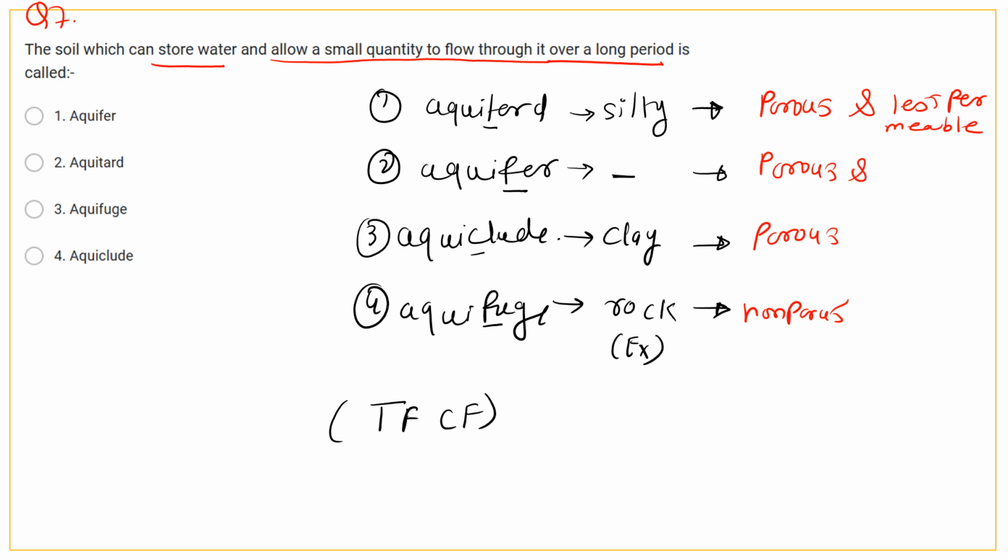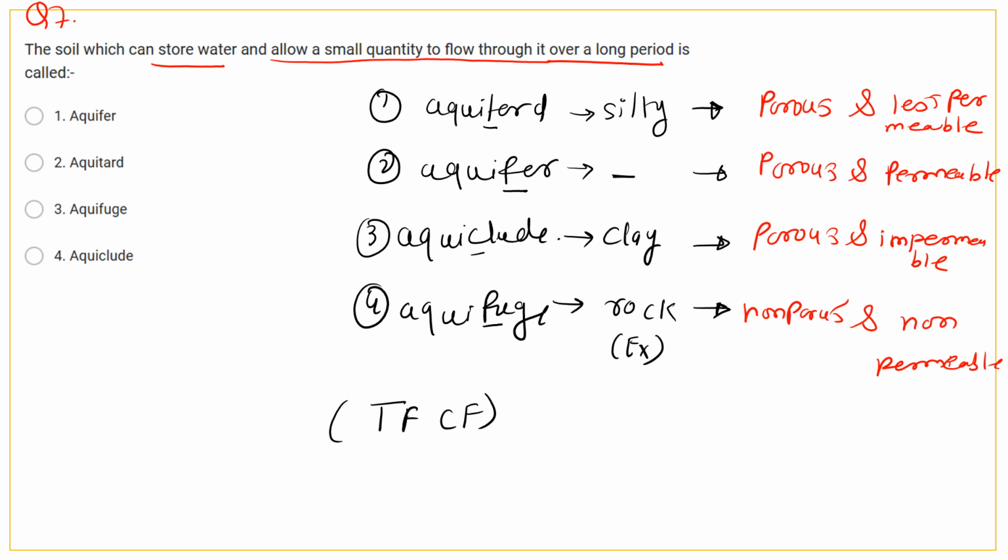Then this is porous and permeable. Third one is porous and impermeable. And last one is non-porous and non-permeable. Okay, this is about the aquitard, aquifer, aquiclude and aquifuge.